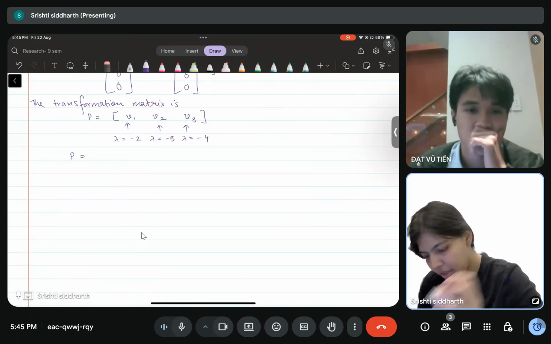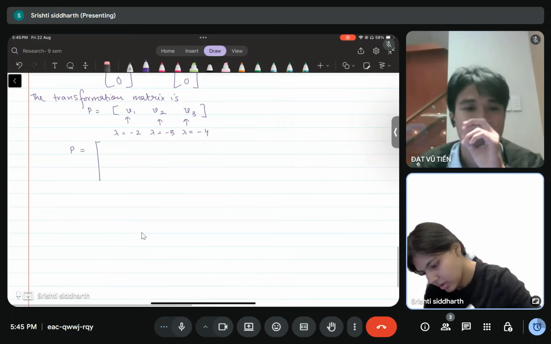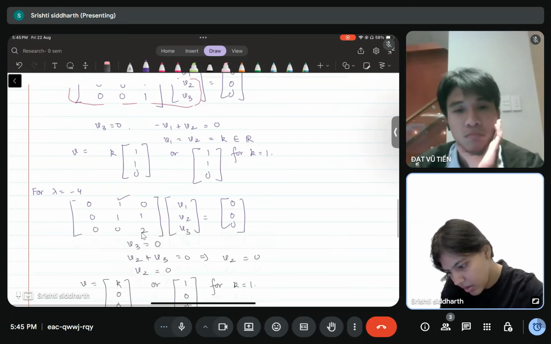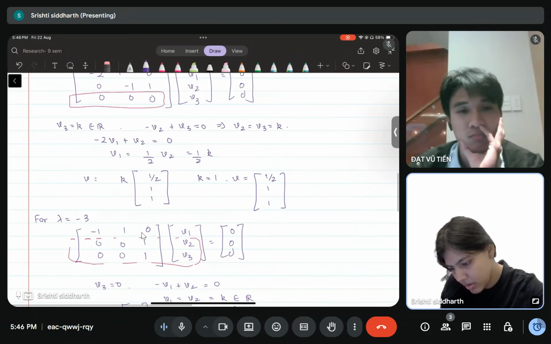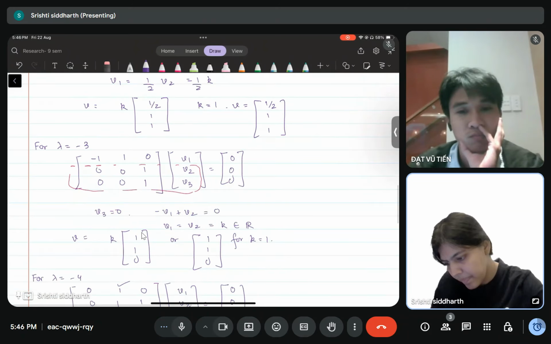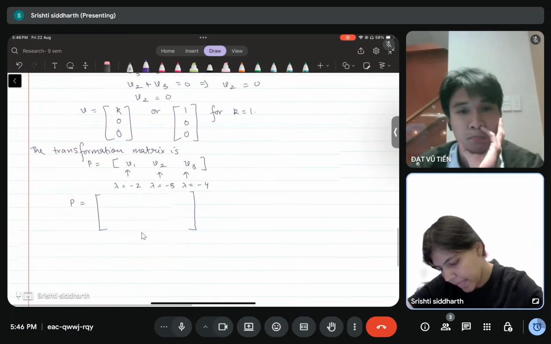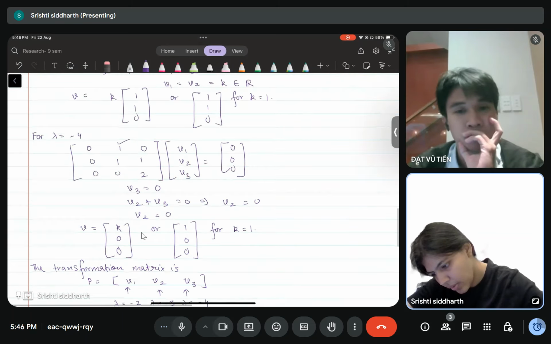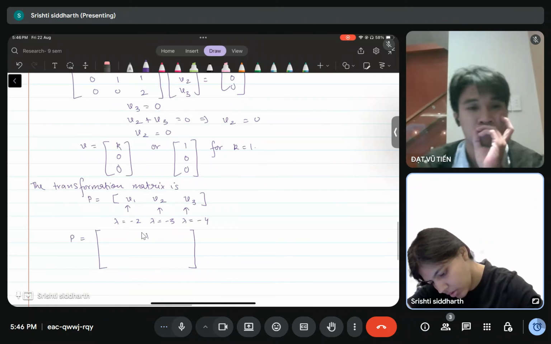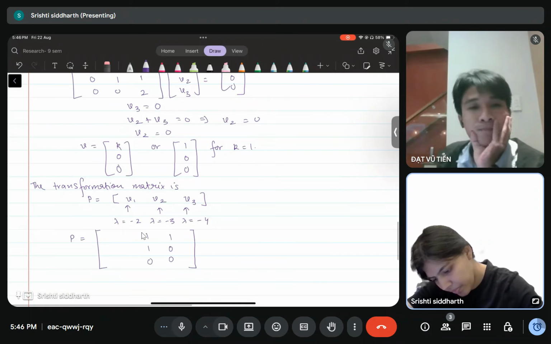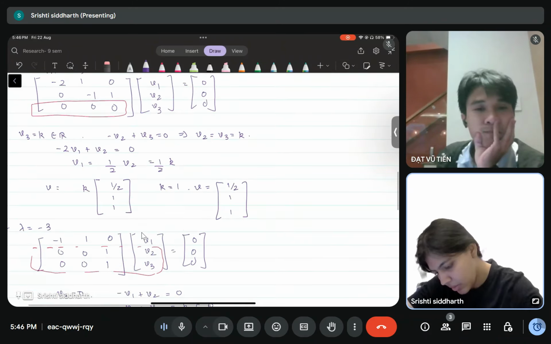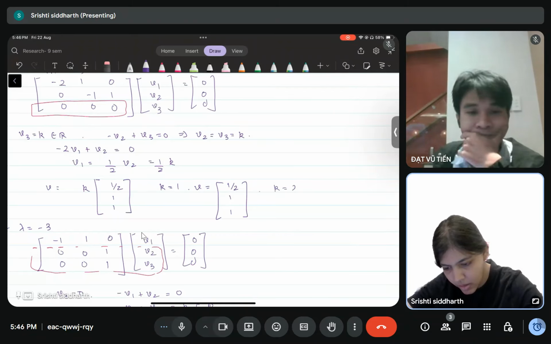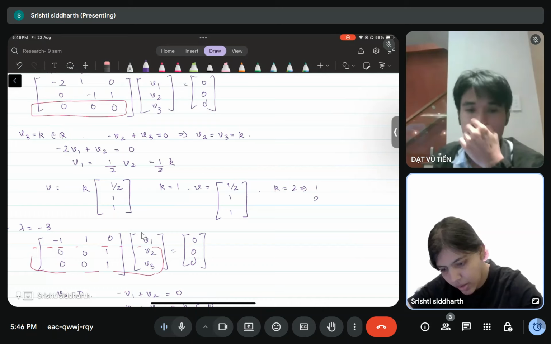So k equals 1 in each of them. So let's check. This is 1, 1, 0, 1, 0, 0. And let's see, to actually simplify the calculations, let's consider k equals 2 in this case. So that would simply mean it's 1, 2, 2.